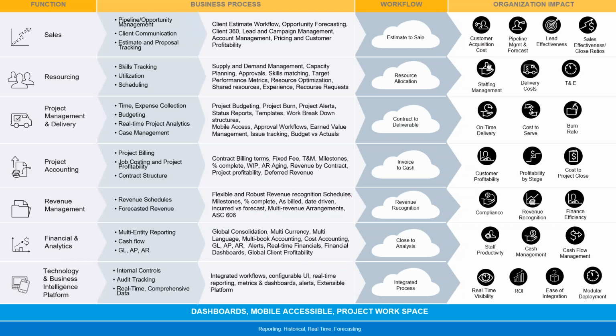Now, in terms of what the toolset has under the hood, it is an end-to-end solution for professional services firms. I'm not going to go into all the nitty-gritty details, but as you look through some of these elements, know that they're quite expansive.